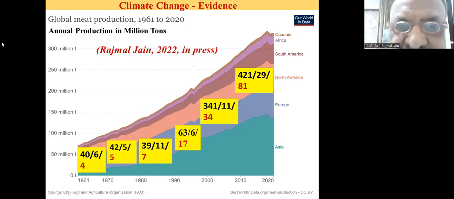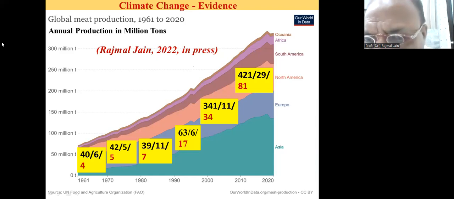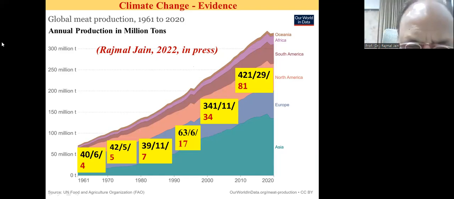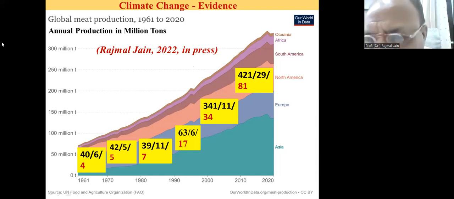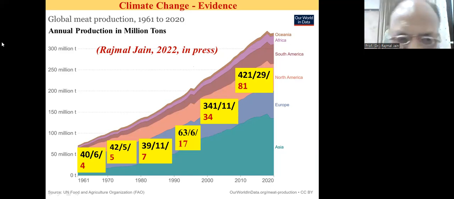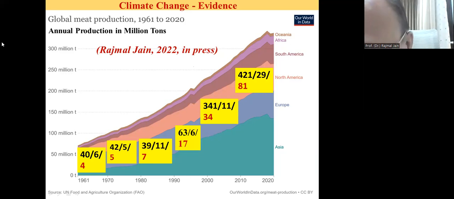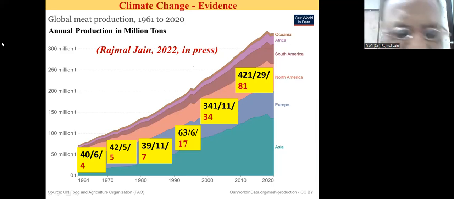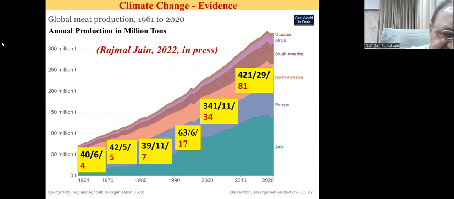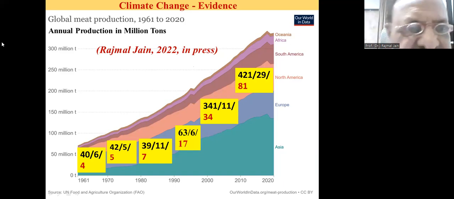This paper is already in press, and it is about to come out in a month or 2 months' time. What I have shown here, please underline and note down: the meat production region-wise, that is Asia, Europe, North America, South America, Oceania, etc. You can see that from 1961 all the way up to 2020, meat production keeps on increasing.